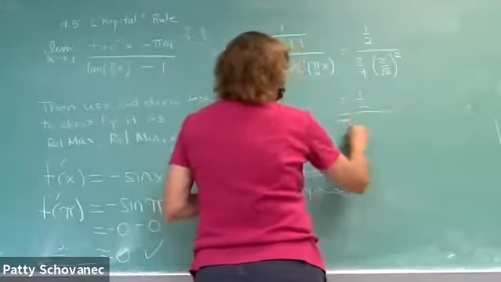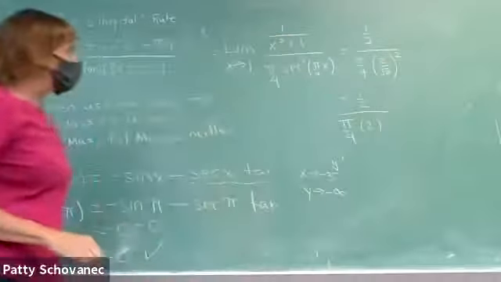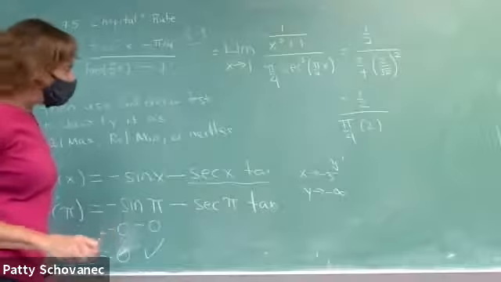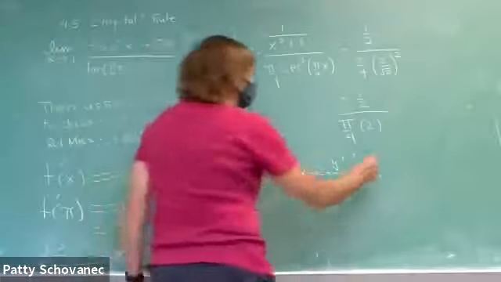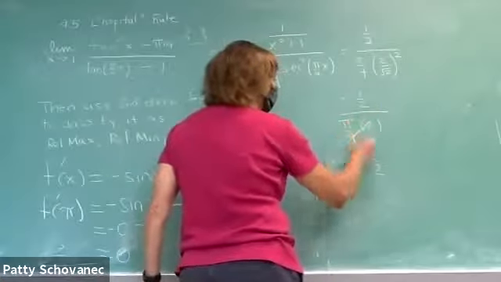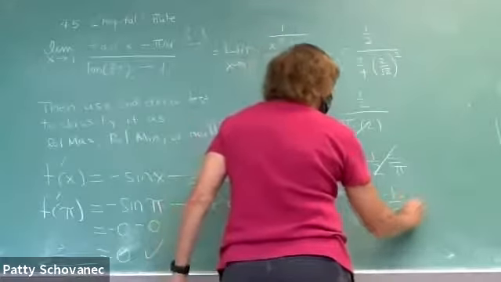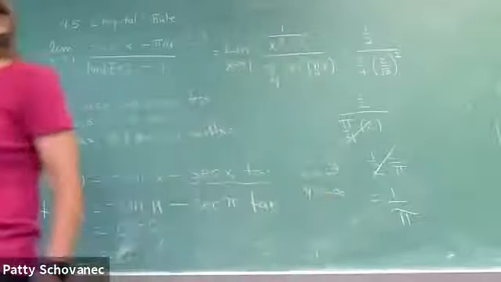Pi over 4. 4 over 2 is 2. And so I have 1/2 divided by pi over 2, which is 2 over pi. And so our limit is 1 over pi.